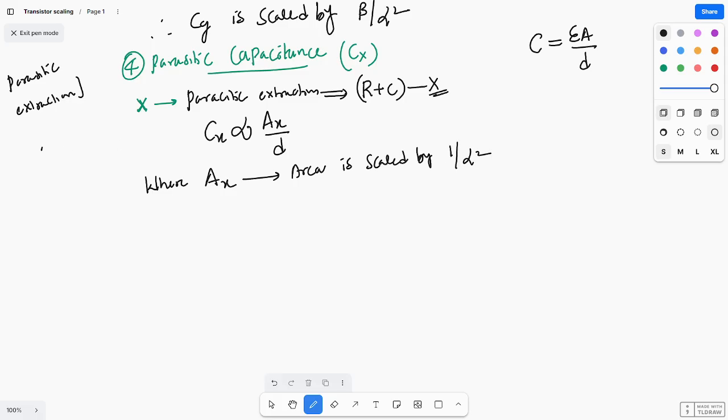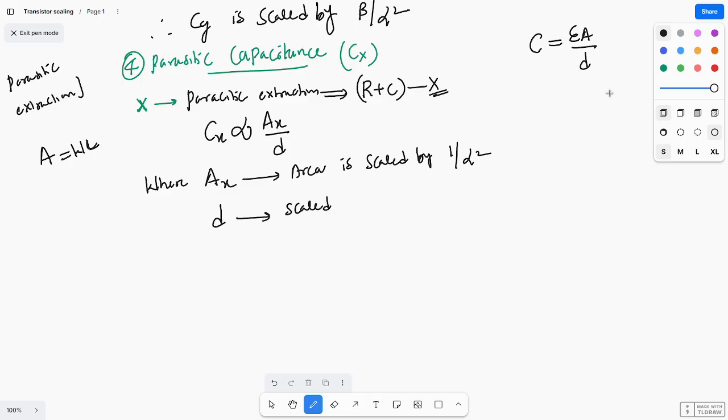Area equals width into length. Width is scaled by 1 by alpha, length is scaled by 1 by alpha, so both give 1 by alpha square.